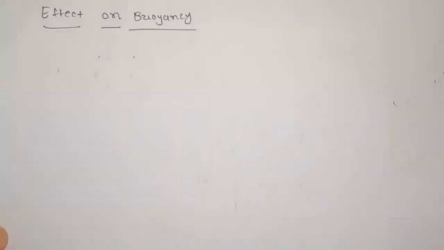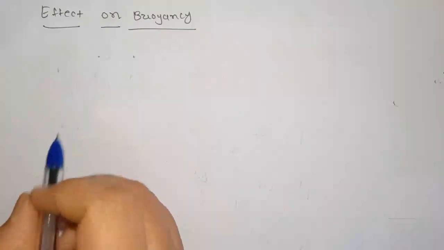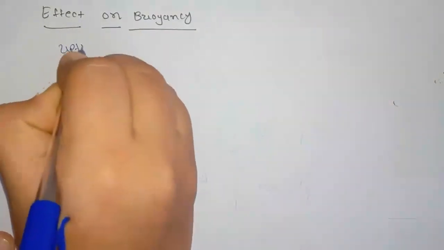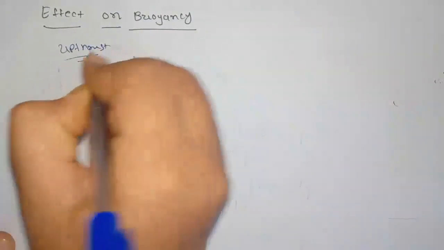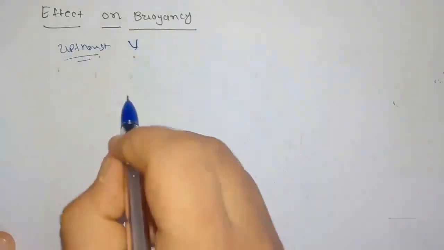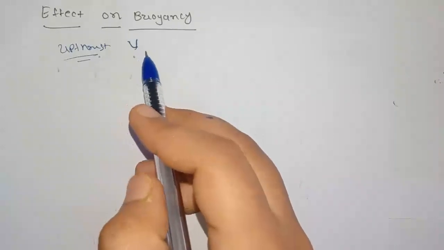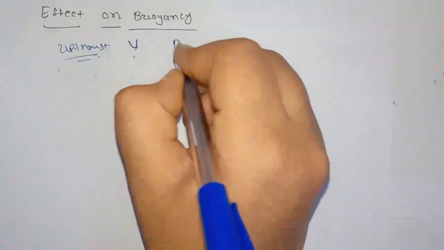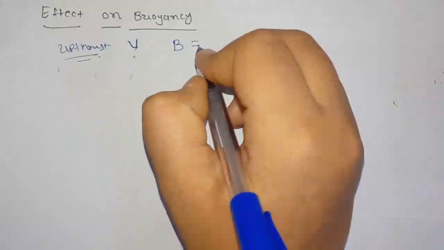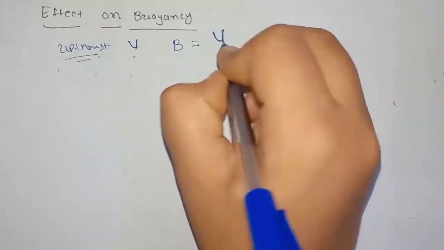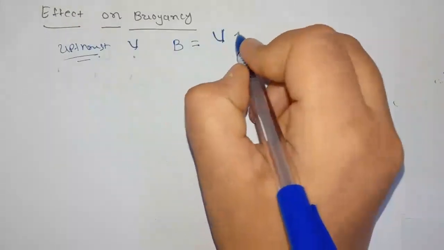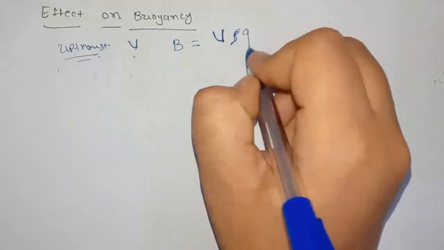Now let us see the effect of temperature change on the buoyancy. The upthrust depends on volume V. The upthrust on volume V of a body in a liquid of density rho is given by, let's say upthrust is B, that will be equal to volume of body into density of liquid into g.